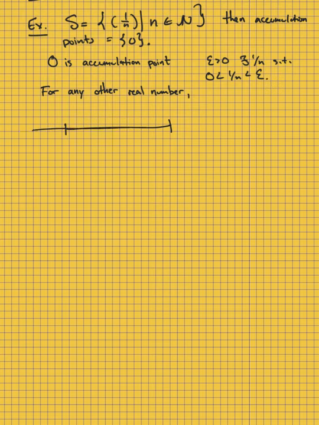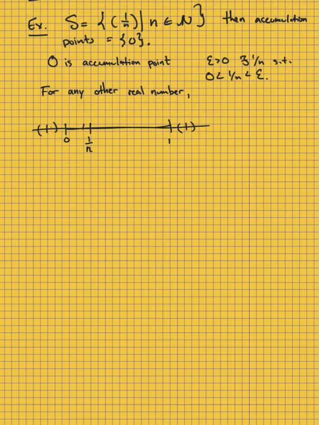Okay, so if there's a negative number, well, I take some epsilon which stays negative. If I'm out here, I take some epsilon which keeps me above 1. So for any other real number in 0 or 1, either I might be something like 1 over n.